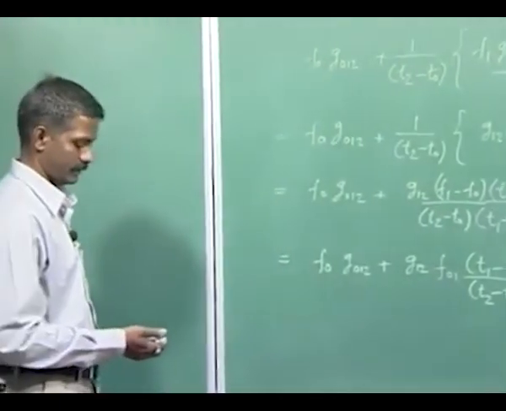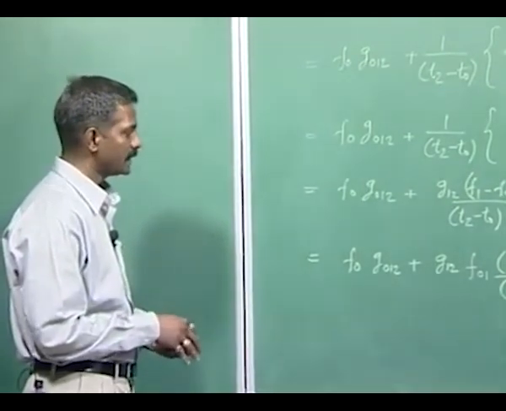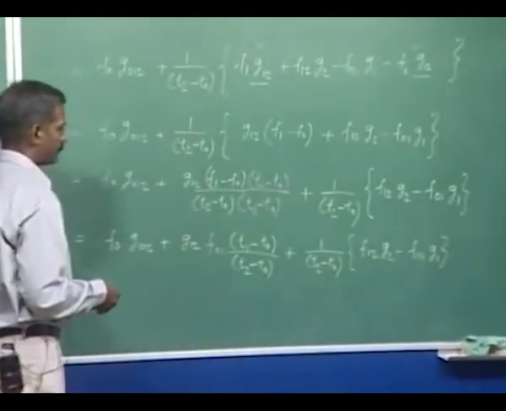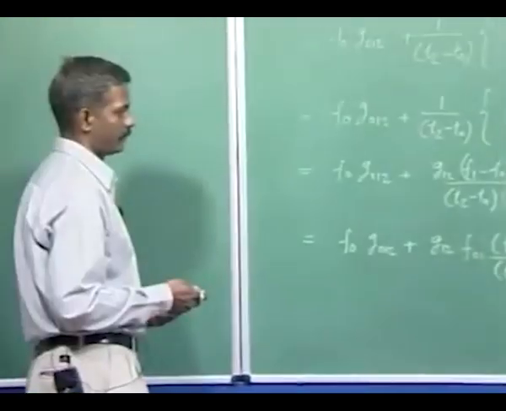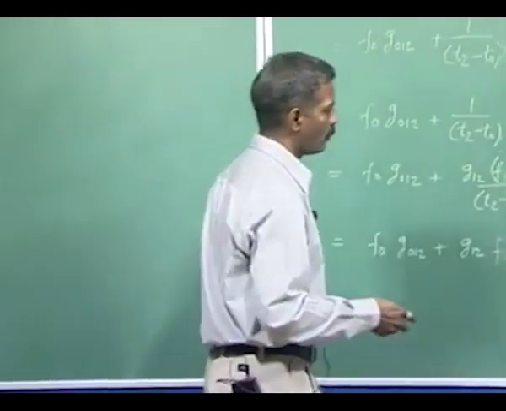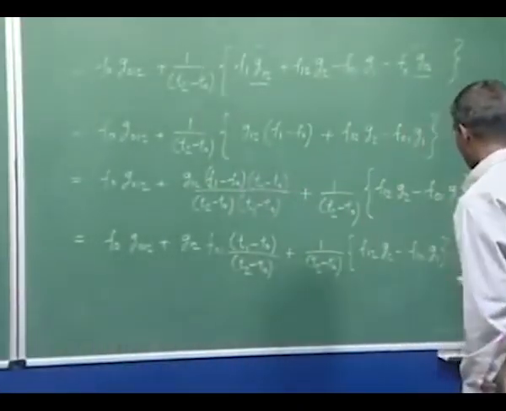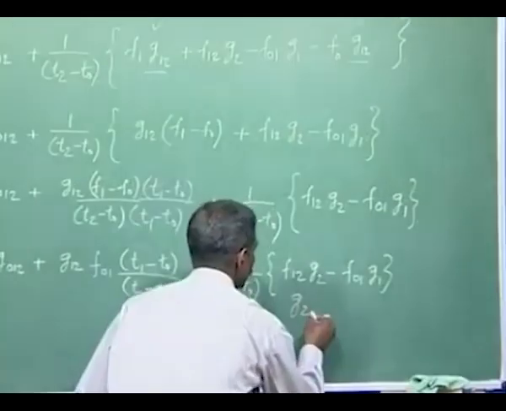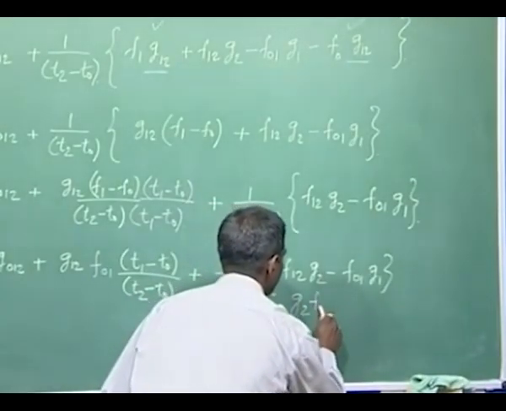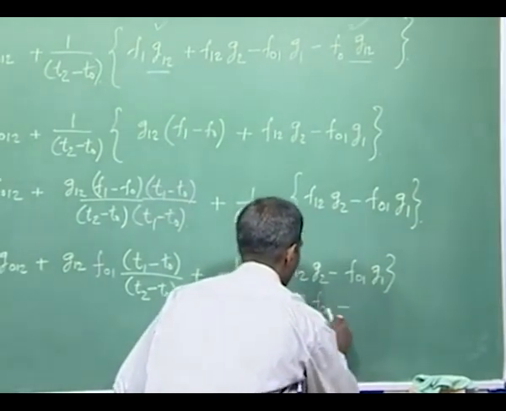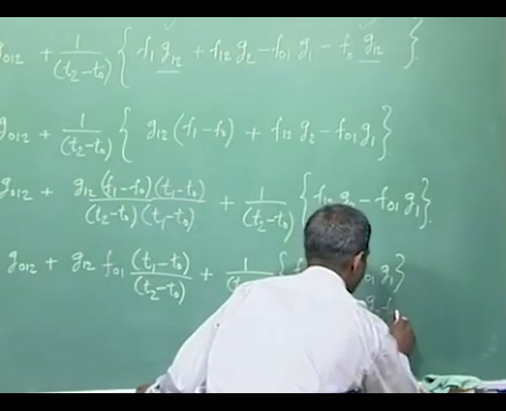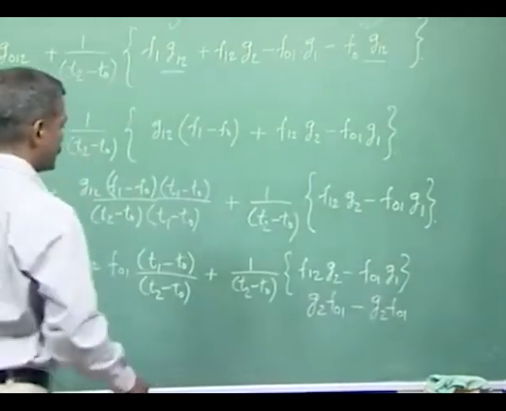F012. I would need to add and subtract something else here. What I'll do is add G2 F01 and subtract G2 F01, and let's see what happens.